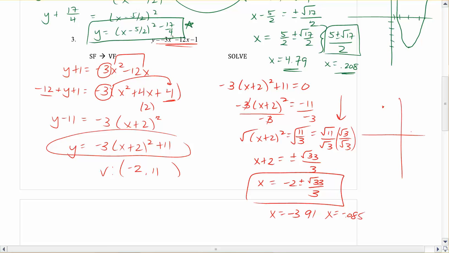If you actually do those, you'll be able to see where the x-intercepts are and what my graph looks like without using a calculator to graph it. And it should be a frowny because it's negative. So I'm just trying to put together all the pieces of why we go from standard to vertex form, why vertex form is helpful, and why solving vertex form is helpful.